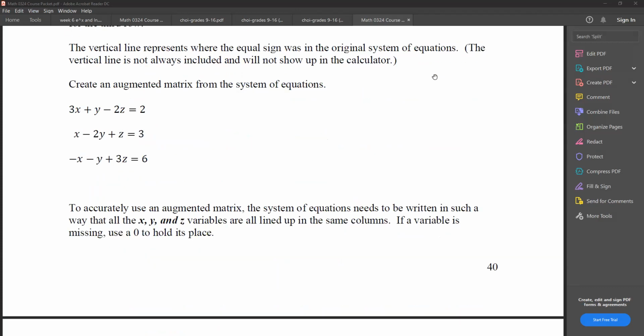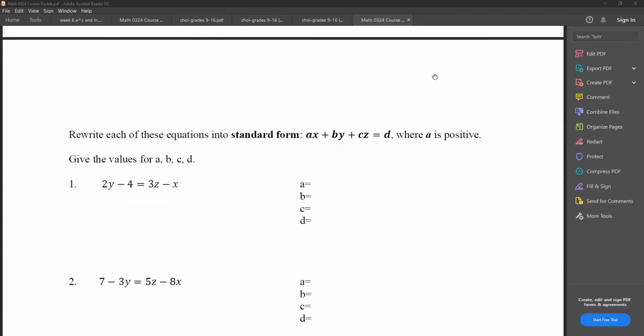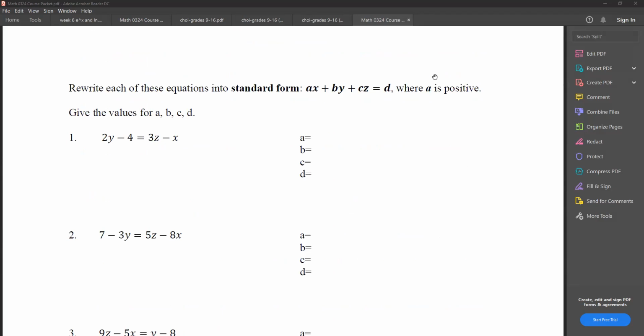Now we're going to set up an equation for A, B, C, and D. You just have to put them in order. So if I were working with this equation, I want to put it in order. I'm going to move the x over to the other side to make it positive. If you move it over, you're adding x, so x becomes positive.